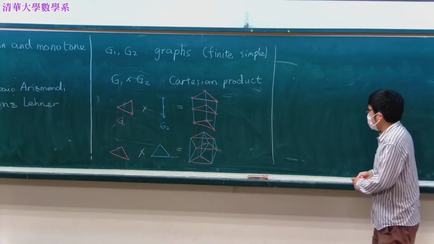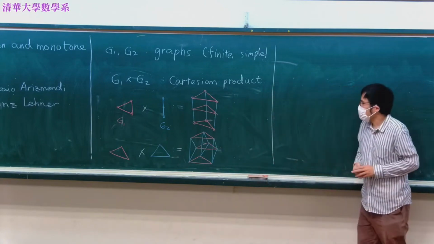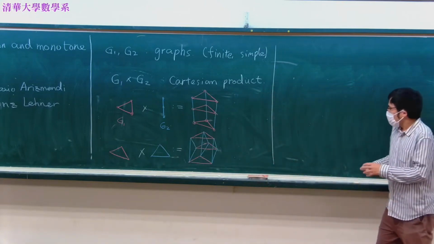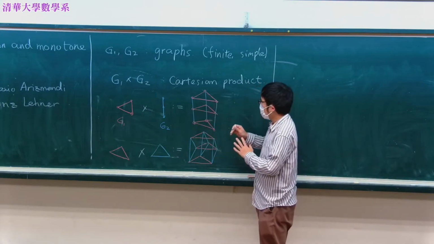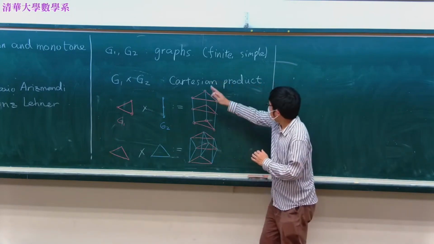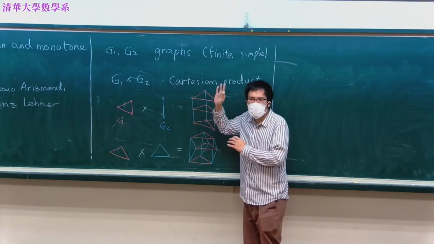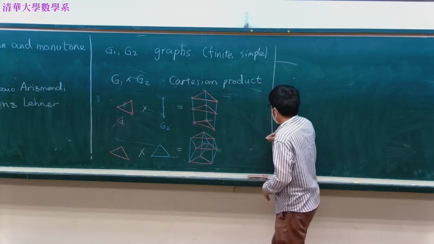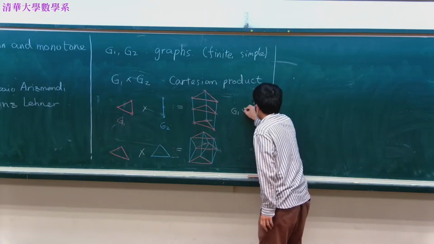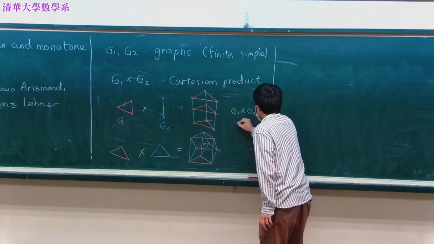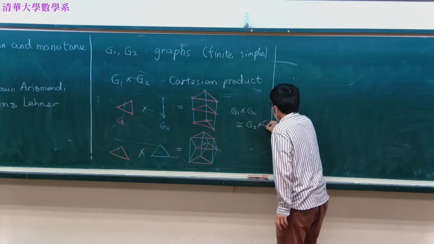Of course, there is a general definition, but I will not give the detailed definition. Actually there are more operations. This Cartesian product is associative and also commutative. Commutative means there is some natural identification of G1 times G2 and G2 times G1.